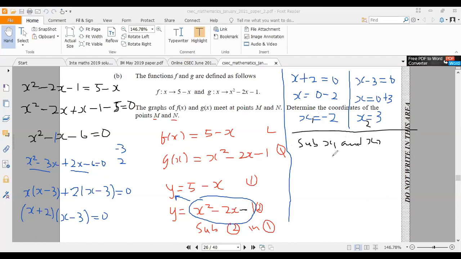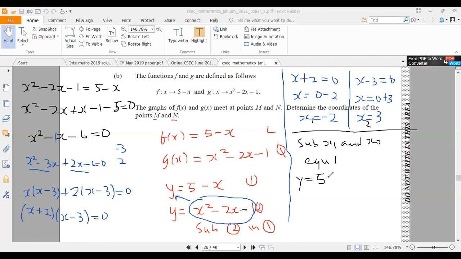Now I want to substitute this one in what? Equation 1. So let me call this one equation 1. You put this in equation 1. Equation 1 is y equal to 5 minus x.